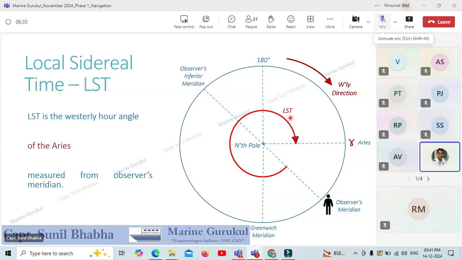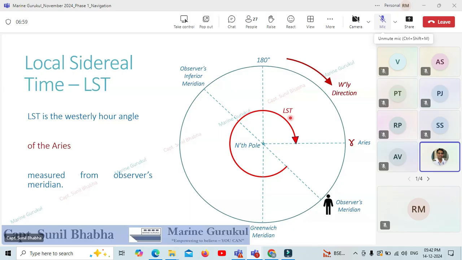Now this can be represented in angular units as well as in units of time. In angular units, it is represented in degrees. And if we want to convert it into units of time, 360 degrees is equal to 24 hours. So this gives us a factor of 15.